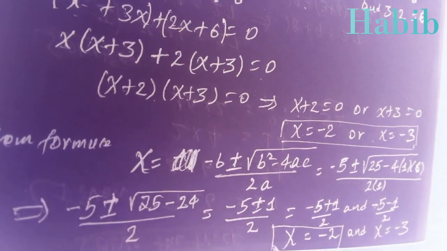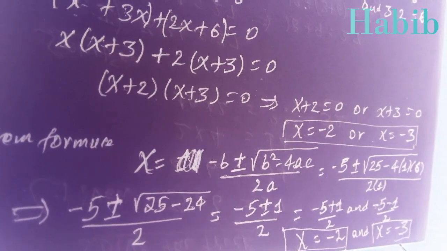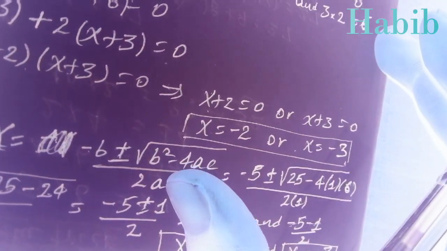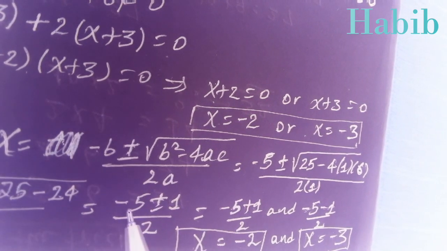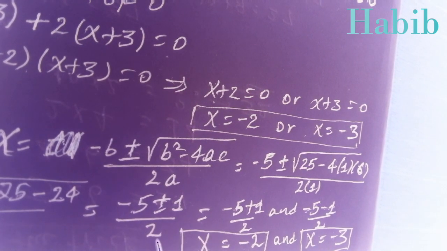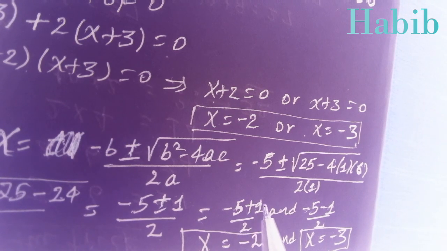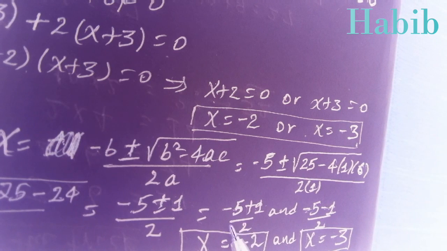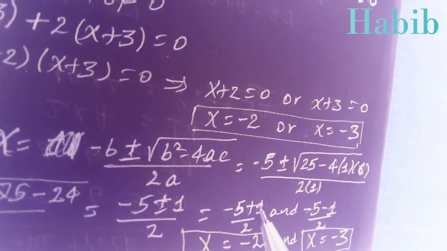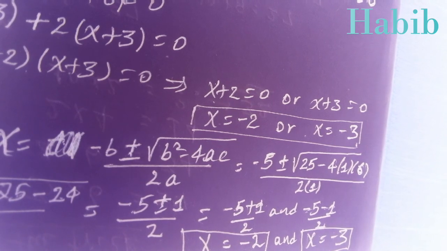Therefore, again, we get the same values of x: x equals minus 2 or x equals minus 3 are our solutions. But if we restrict the domain, both values remain within the domain.